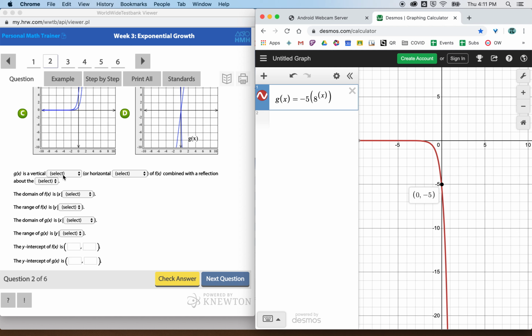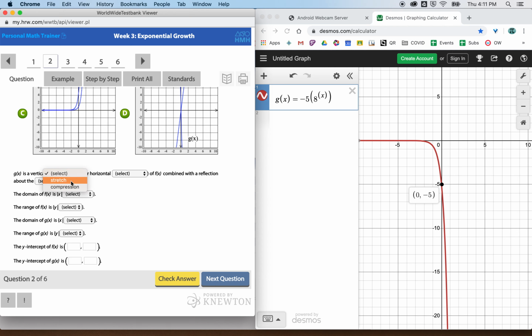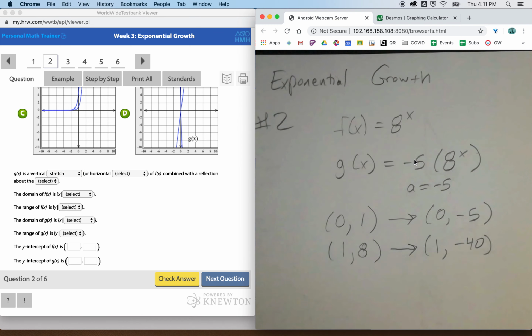g of x is a vertical stretch, right? Because we had a vertical stretch of 5, or horizontal compression. I guess we haven't really covered that, but they're basically opposites. And then combined with a reflection about the x-axis, because it's negative.